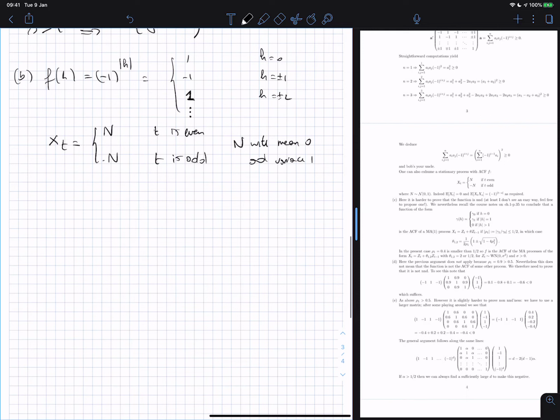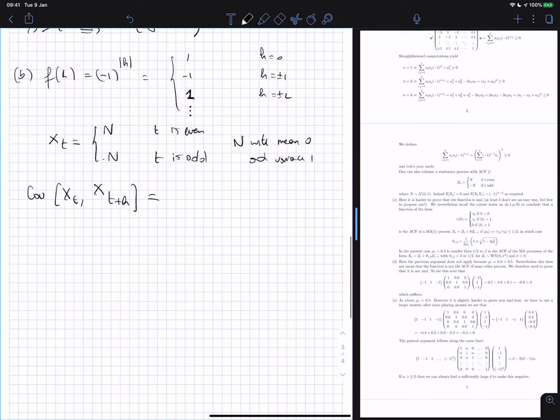Then the covariance between X_t and X_{t+h} is going to be minus 1 to the power h times the expectation of N squared.